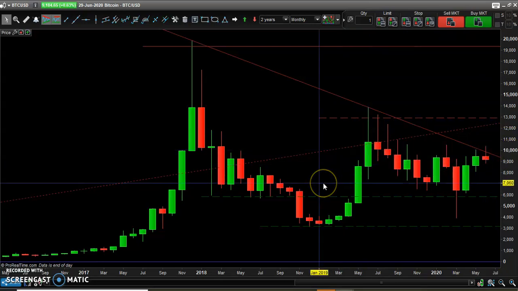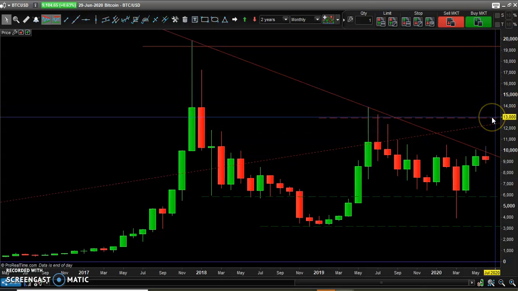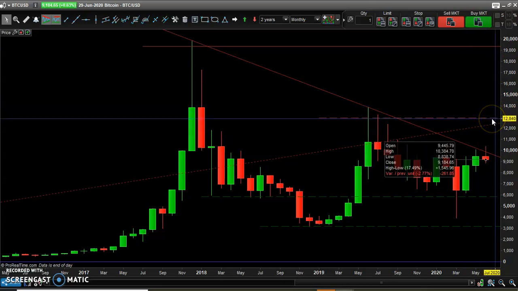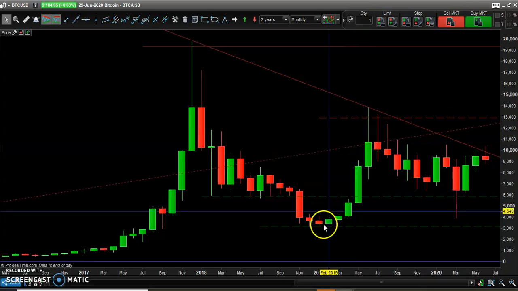So guys, for the next weeks and over 2020, I do expect Bitcoin not to break above this high definitively, or actually we might see some movement around this 13,000 US dollar. But right now the probabilities are more on the downside rather than on the upside.